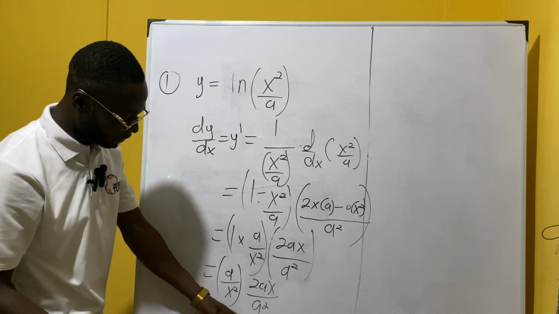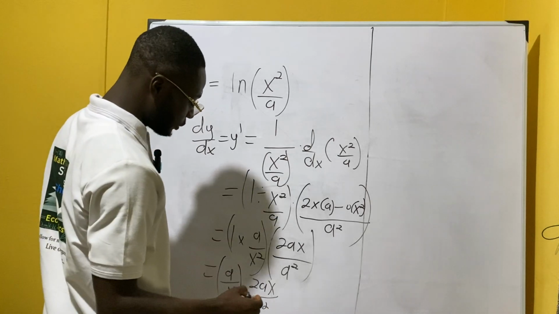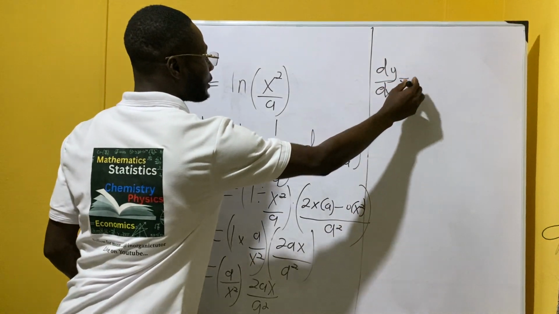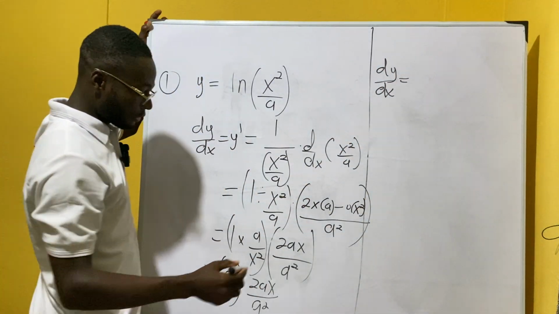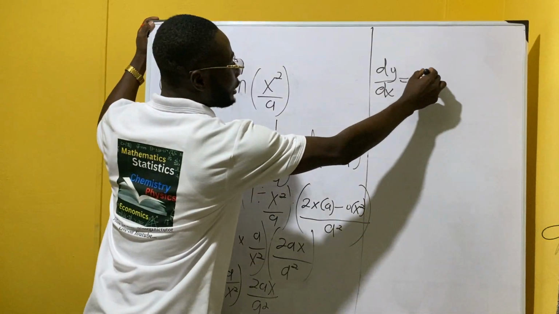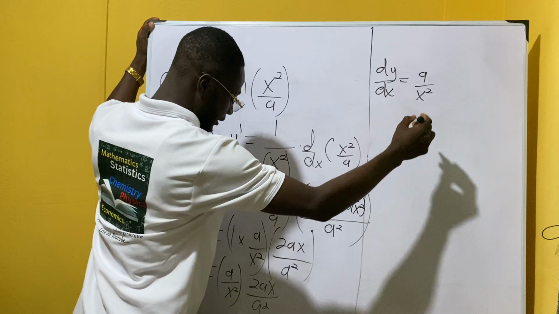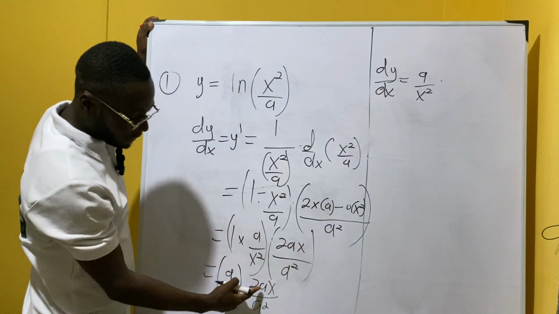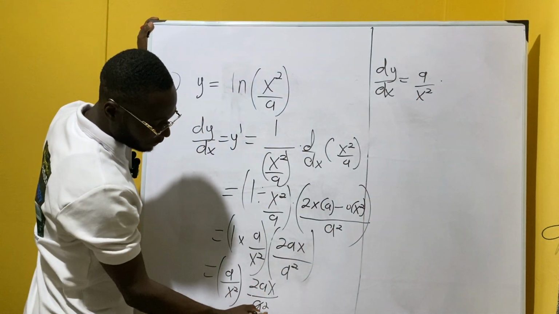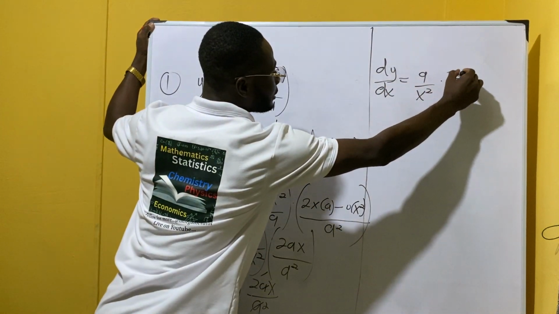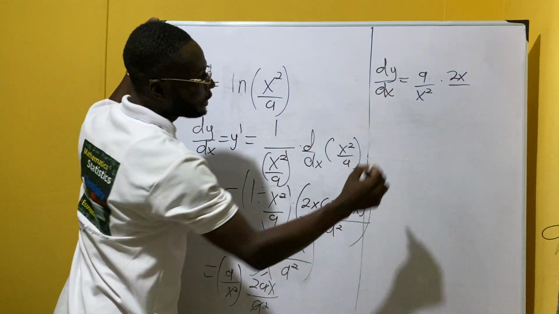So we can take off one of the a's here, and we are going to have dy dx equals a over s squared times 2x over a.